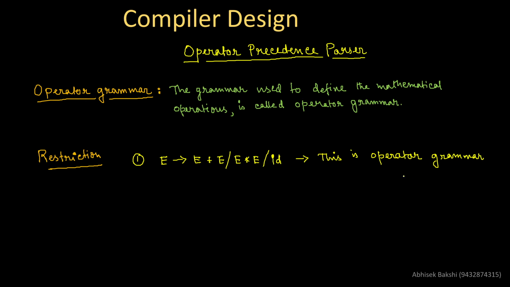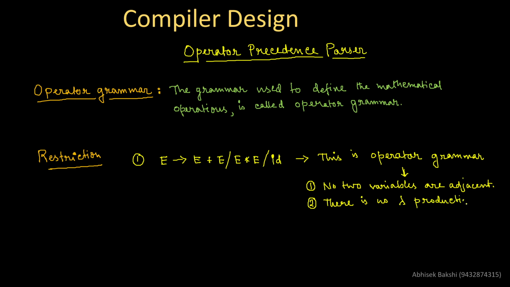The reason is that no two variables are adjacent. This is reason number one. Another reason is that there is no lambda production.